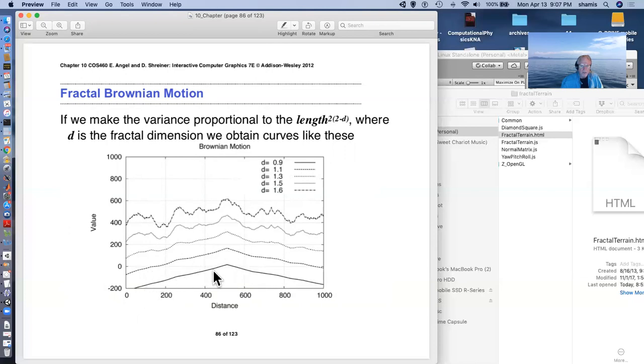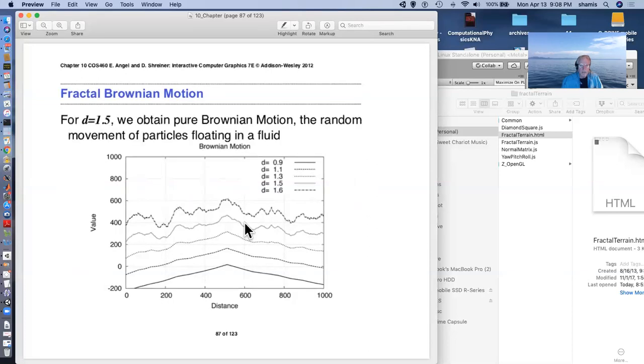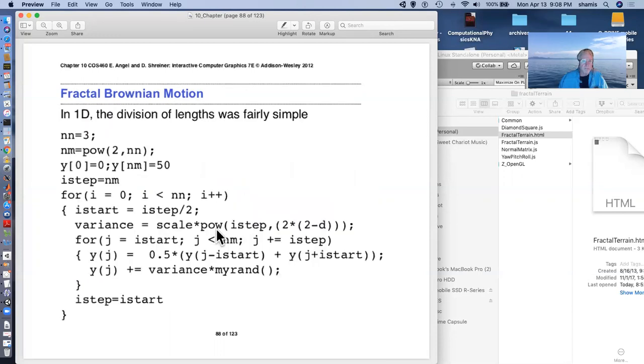And as we increase the dimension, we get more and more jagged curves. And actually at a d of 1.5, we get what's known as Brownian motion. It's kind of a classic, it's the random movement of particles that are floating in a fluid. They bounce around. This is how they discovered atoms.